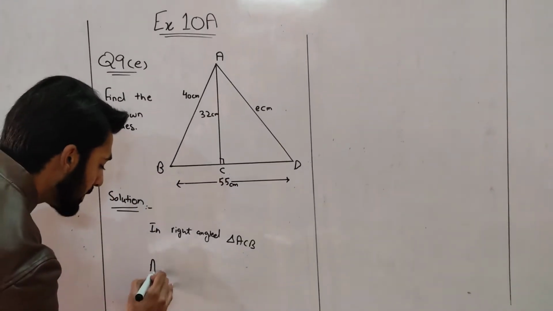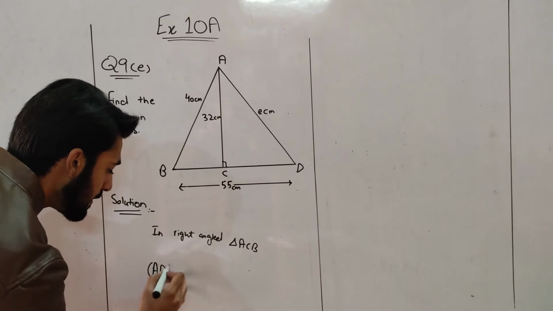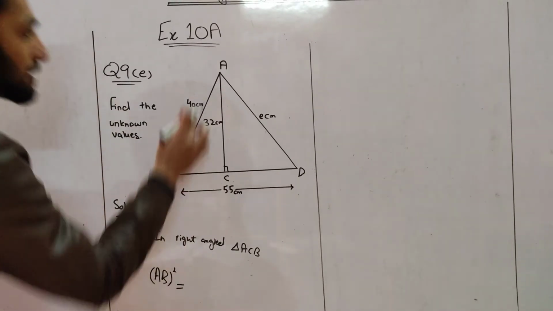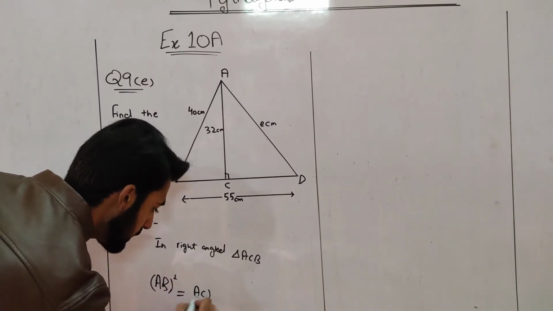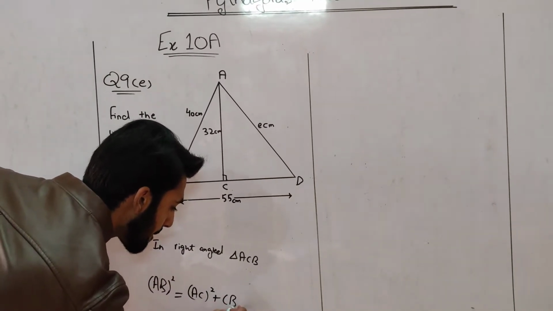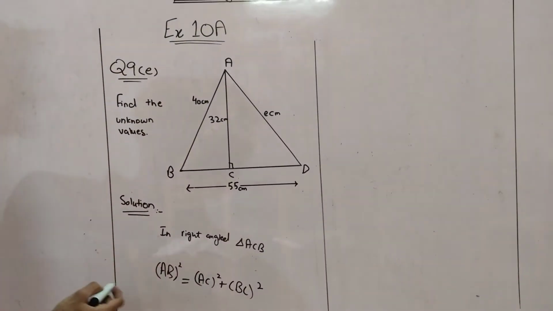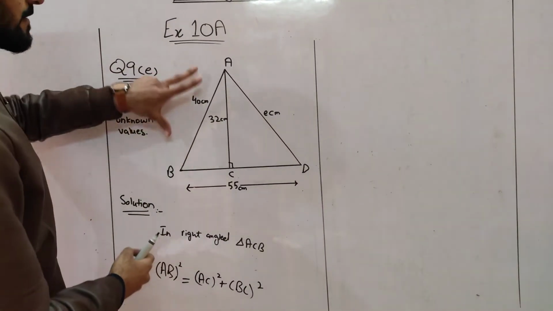So we can apply the Pythagoras theorem: the square of AB equals the square of AC plus the square of BC. The biggest side is 40.